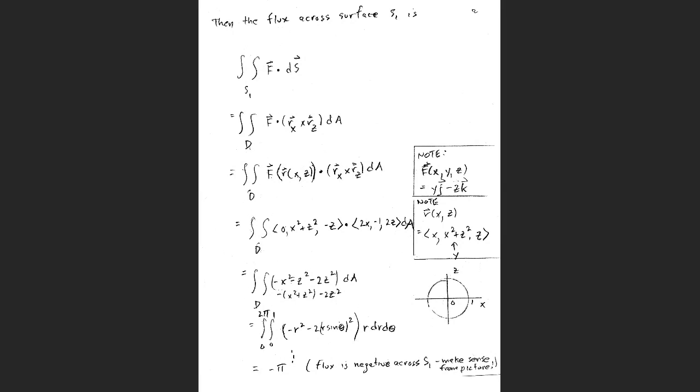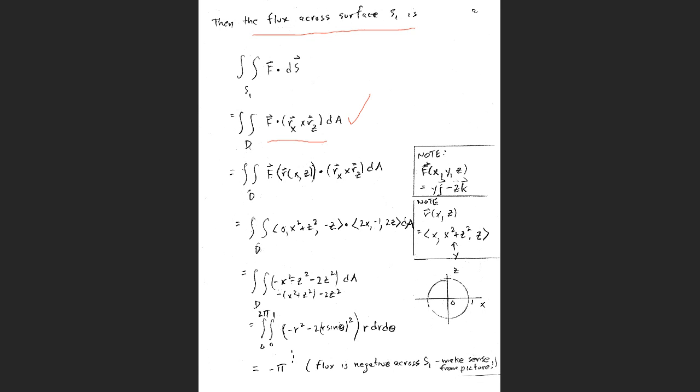Now we want to find the flux across the surface S1. So here's the formula that we derived in section 13.6. The flux integral is just the double integral over region D, and we know that's going to be a circle, of the dot product of F with the cross product vector.